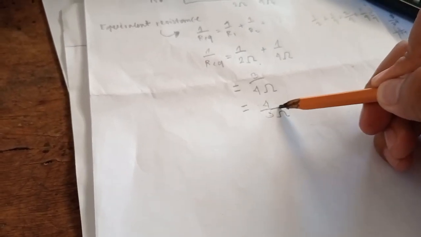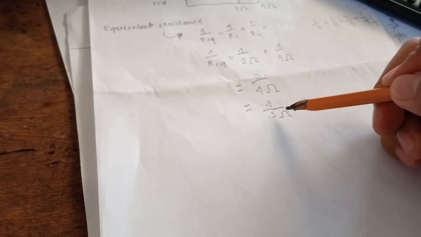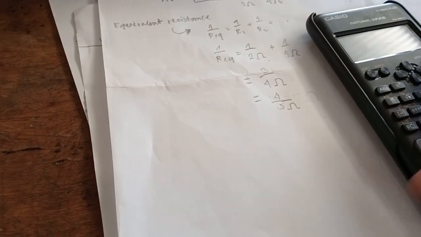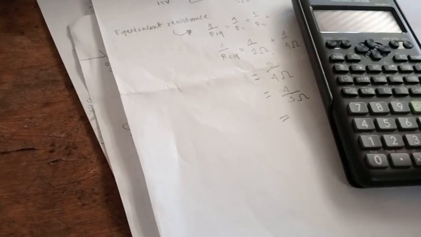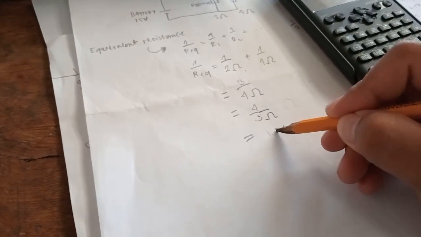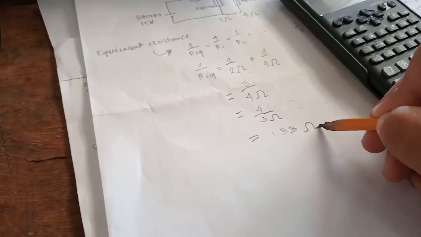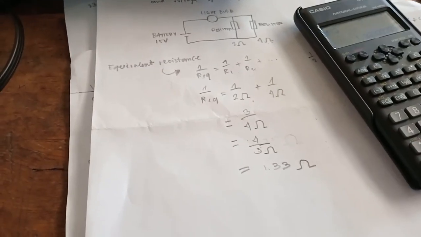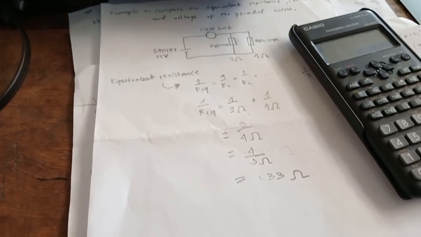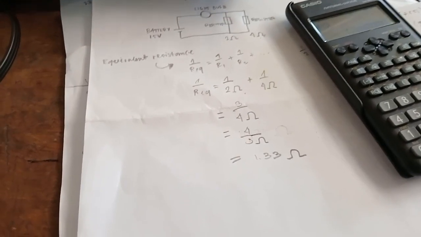We use our calculator to solve for the exact value. The answer is 1.33 ohms. This is how to get the equivalent resistance of the circuit.